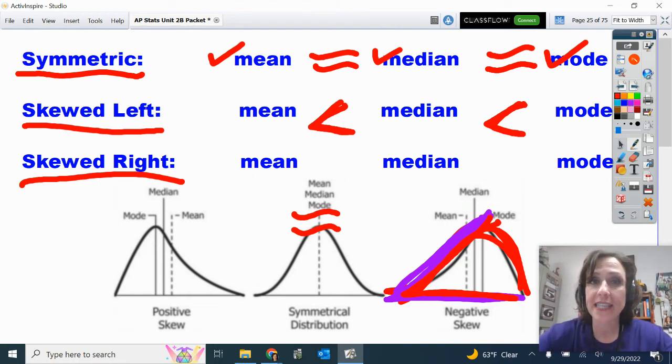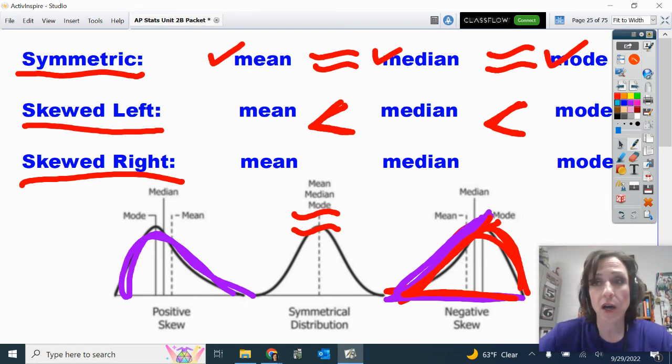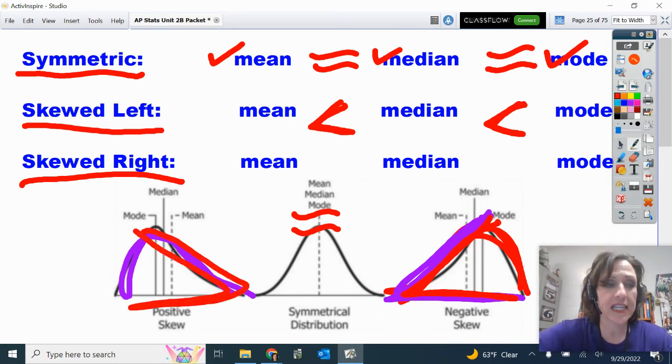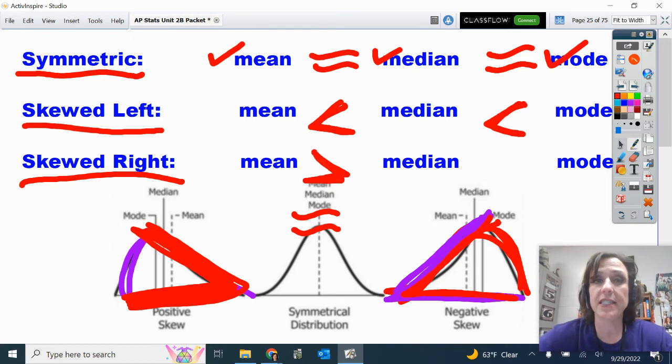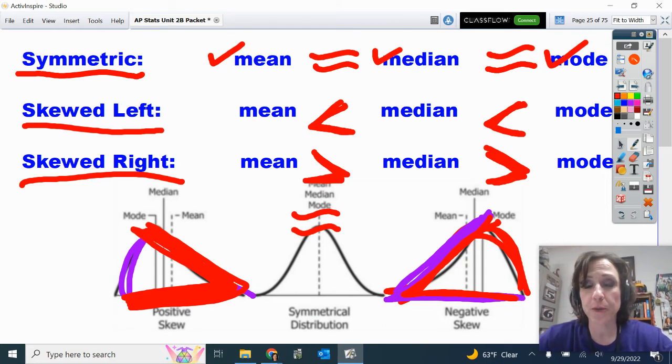Same thing with skewed right. Here is your right foot, skewed right. Draw an inequality over that skewed right, and here it is, the inequality in the shape of that skewed right distribution. So if a distribution is skewed right, then the mean is greater than the median, which is greater than the mode.